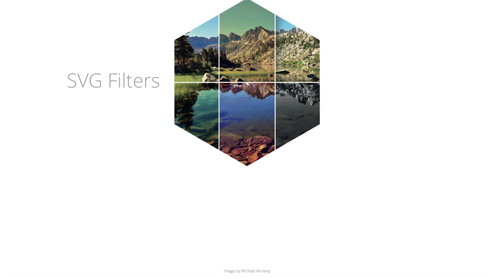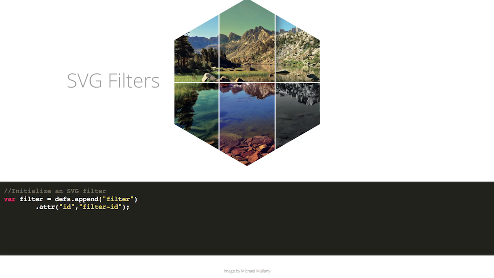Well, leaving SVG gradients behind, we're finally entering the domain of SVG filters. And to be honest, we're also sort of leaving the realm of effectiveness in a visual behind a bit and going more into experimenting to create a bit of fun in your visual. Creating a filter starts out very similar to a gradient. This time we append a filter element to the defs and we still have to give it some unique ID.